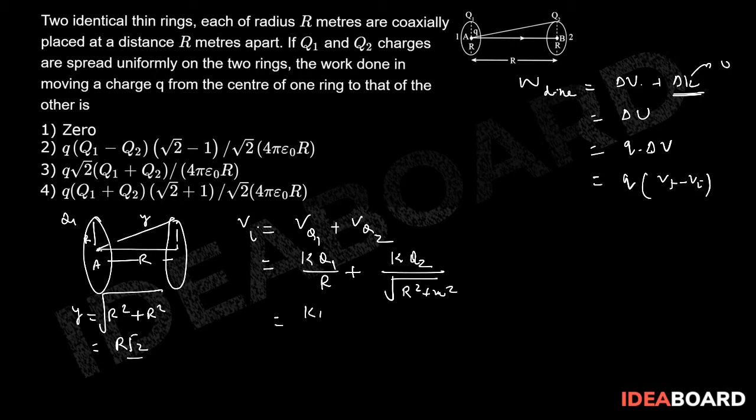So if you put the value of x, which is r, this will be k q1 by r plus k q2 divided by root of r square plus r square. So this will be k q1 upon r plus k q2 divided by r root 2, correct? This will be the value of V initial.